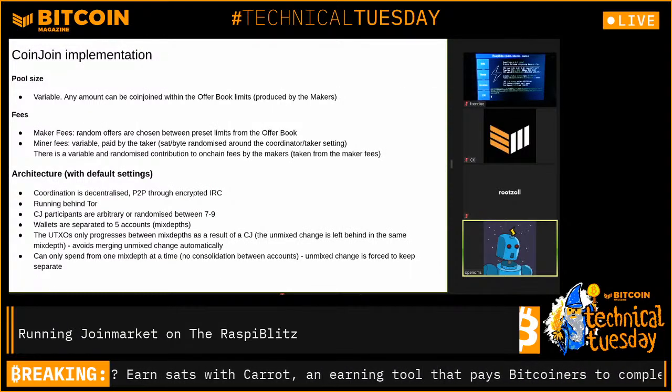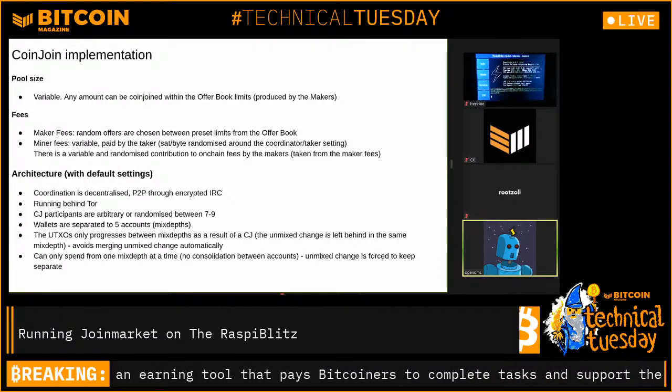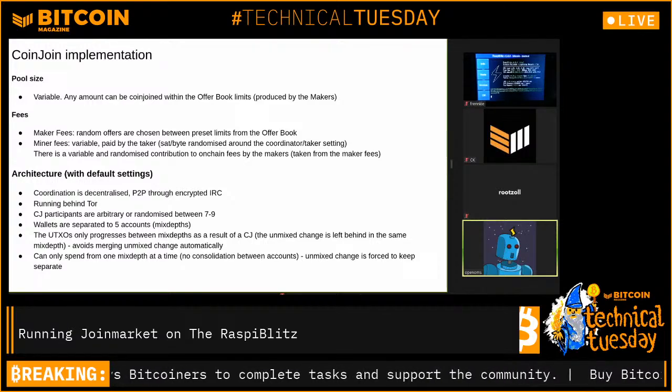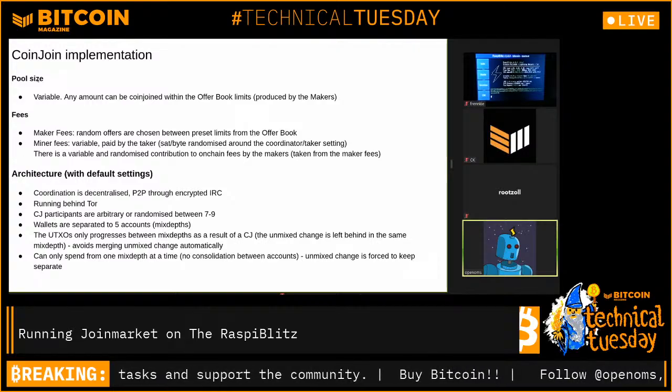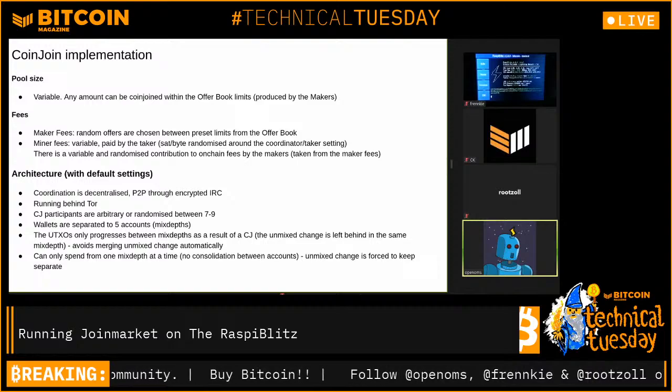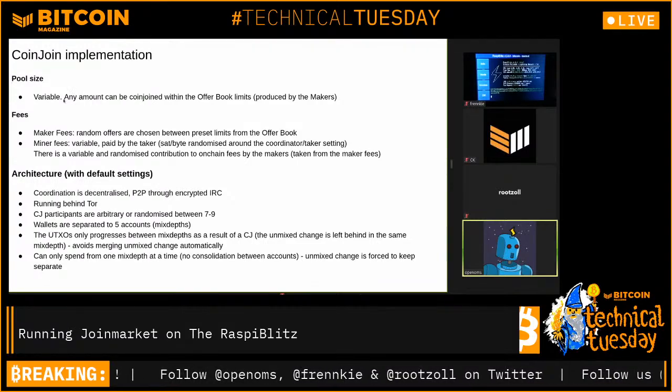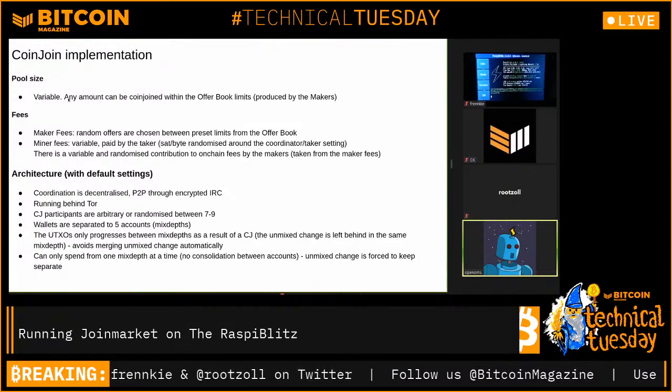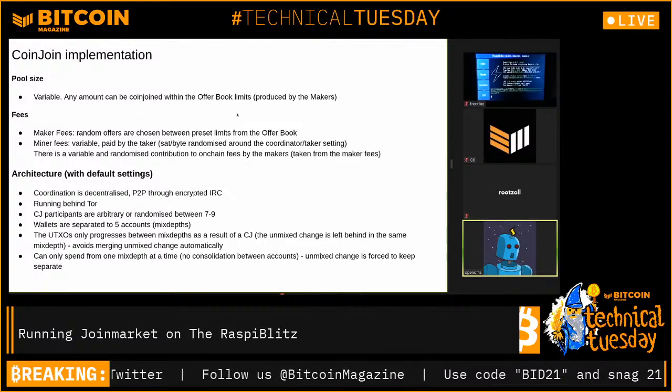A bit of talk about how this specific CoinJoin implementation works. We're starting with pool size, but there is not really a thing like that here. We have an Offerbook, made up by the makers who are offering their coins to be joined with, and the taker chooses which amount he wants to CoinJoin, anything within the Offerbook limits.